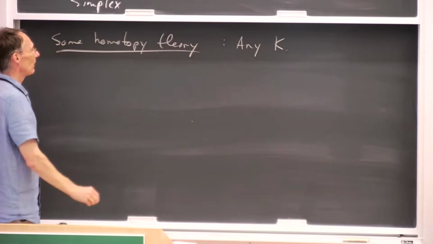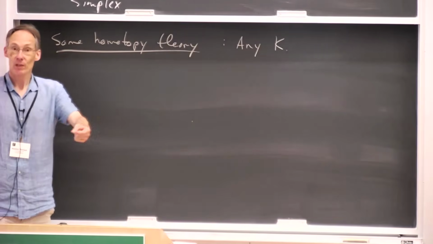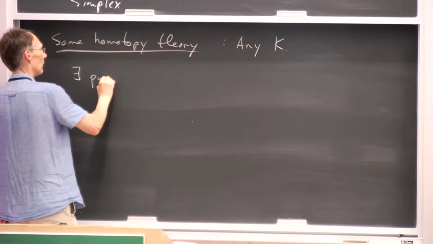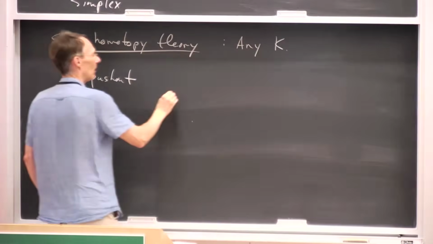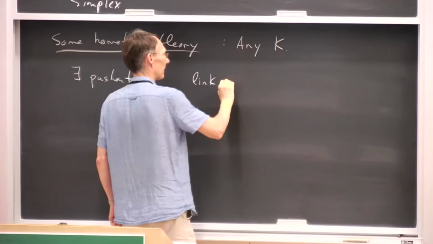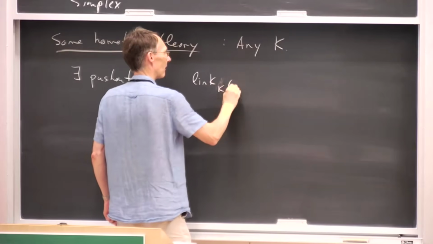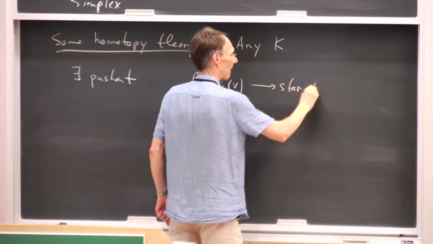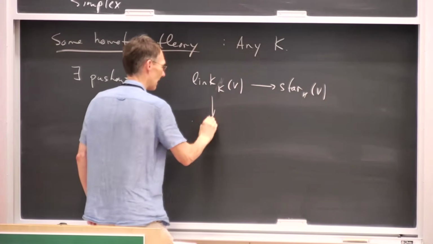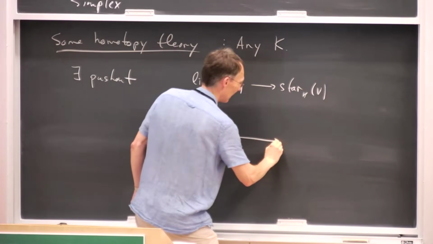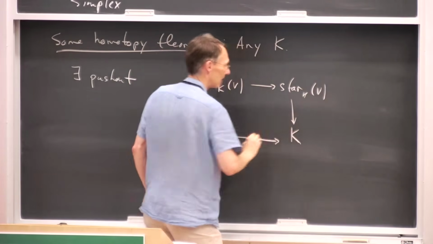Yesterday, we saw that working one vertex at a time, there was a push out where you had a link of some vertex, including it to the star, including it to the restriction, and you push out to get K.